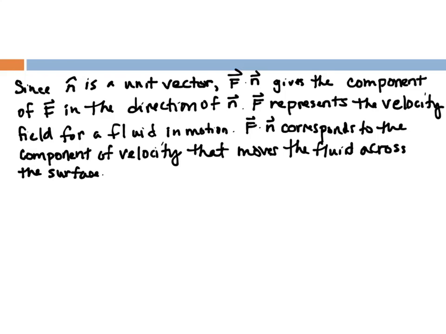One thing to note, you're welcome to write this down, I'm not going to write it, but this value, when you do this dot product, can be positive or negative. The reason that can happen is because when we're talking about a normal vector, the normal vector could go in either direction based on wherever you are. If you had a normal vector pointing in the direction of the z-axis, it could be pointing upward or downward and still be a unit normal vector.